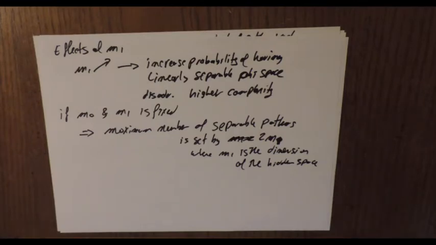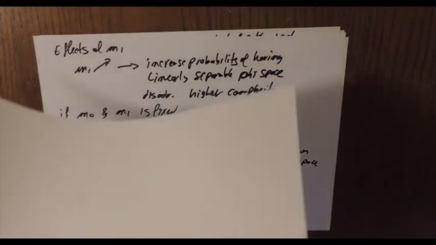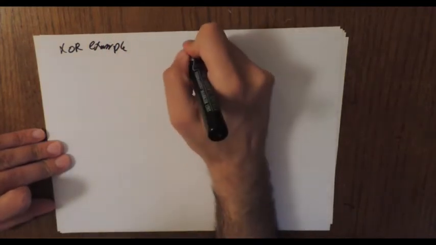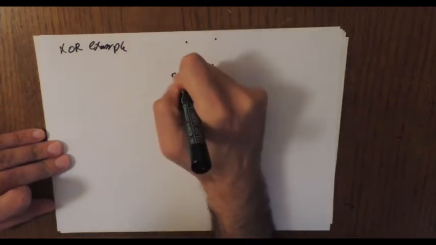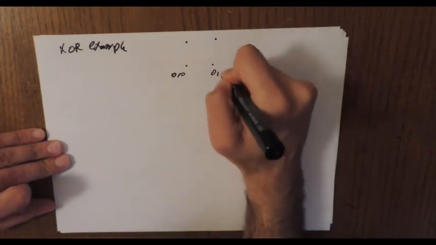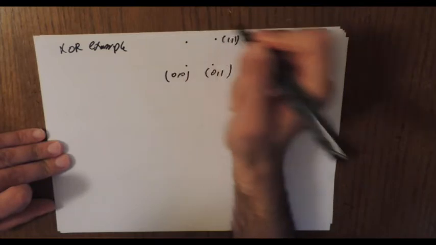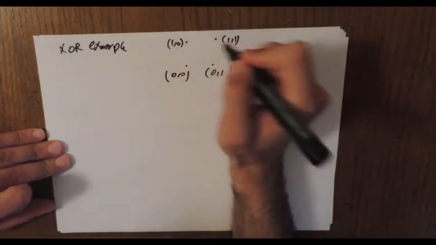So in this case, you can place an upper limit on the number of expected patterns in our data. Now, to bring things closer, let's take the XOR example again. With the XOR example, of course we have 4 points: 0, 0, 0, 1, 1, 1, and of course 1, 0.